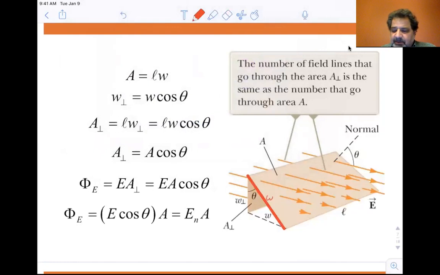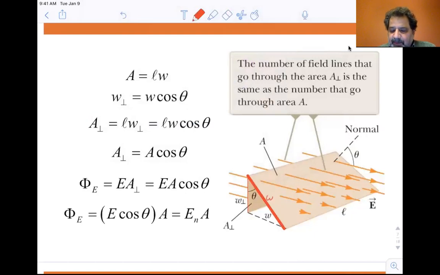So the area is equal to, of course, L times W. W perpendicular is this section here. The cosine of theta is W perpendicular over W, where W is the hypotenuse, so W perpendicular is W cosine theta.